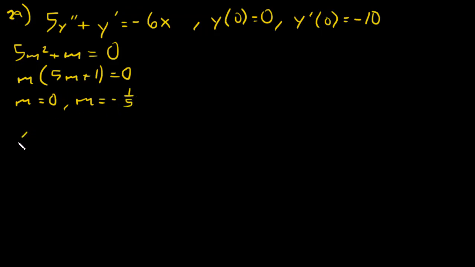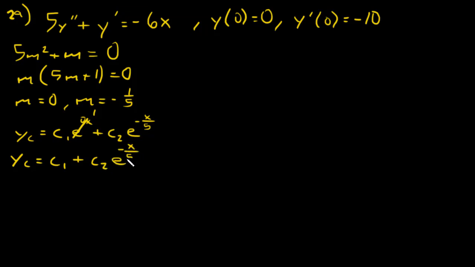So y sub c is going to look like c1 e to the 0x plus c2 e to the negative x over 5. But e to the 0 is just a 1. So it's just c1 plus c2 e to the negative x over 5. That's our y sub c. Let me write that out because there's a reason: c1 plus c2 e to the negative x over 5.